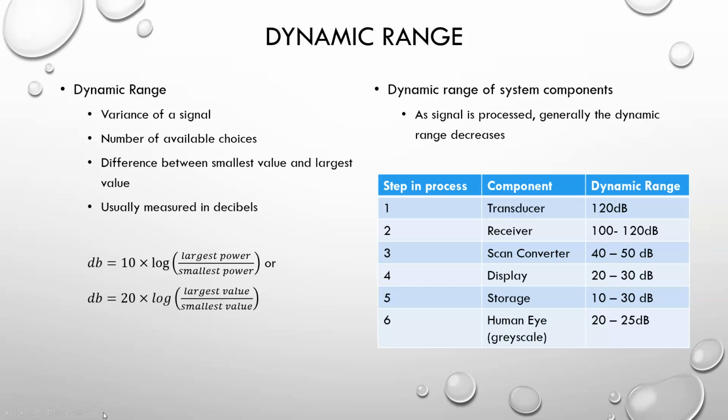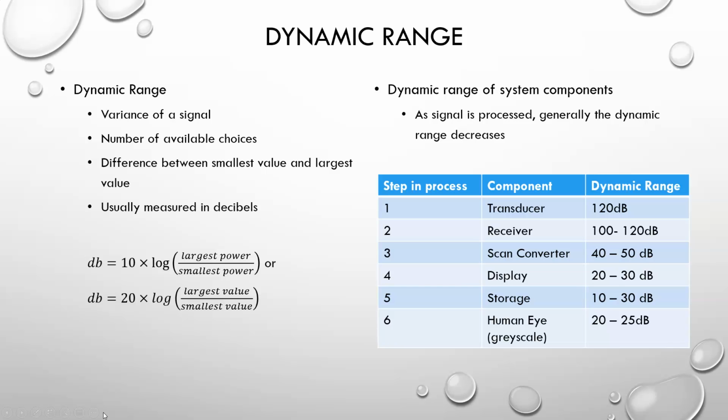So when you're adjusting the dynamic range on your system, you're changing the dynamic range in the receiver. Okay, and then everything else goes from there. So the dynamic range of the scan converters is usually 40 to 50 decibels. Our display is only going to have a dynamic range of 20 to 30 decibels.